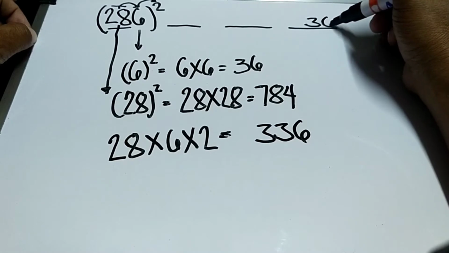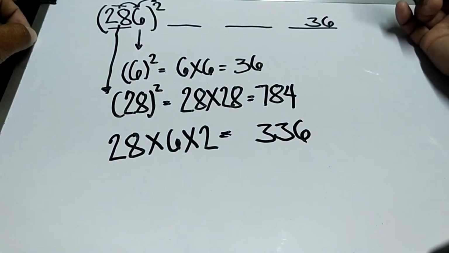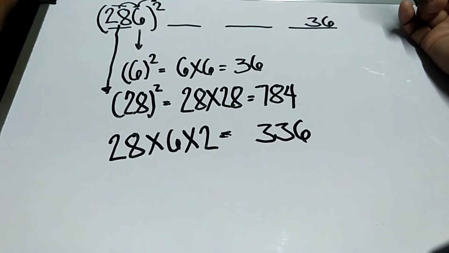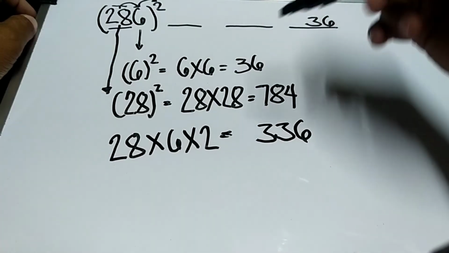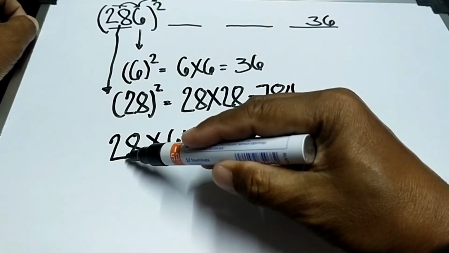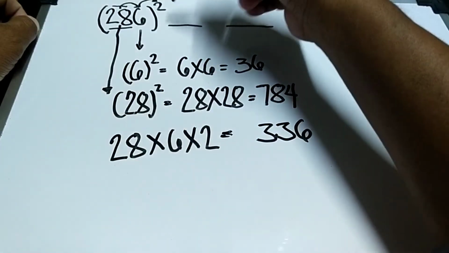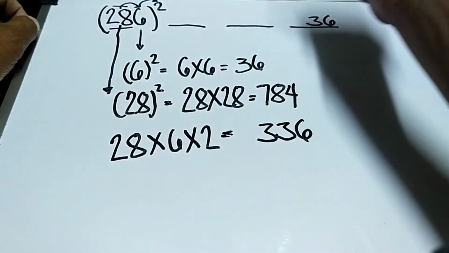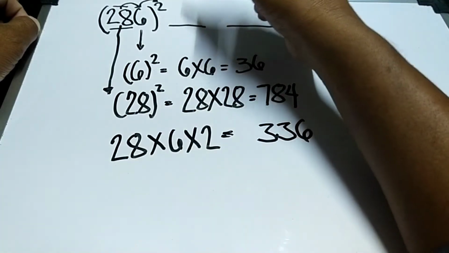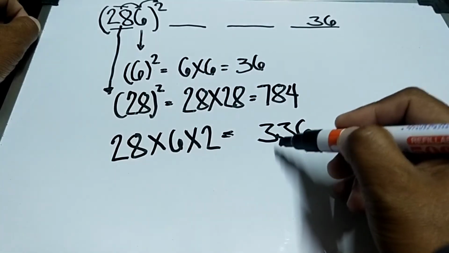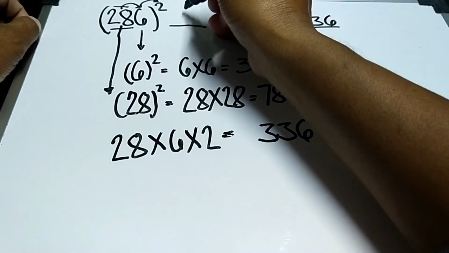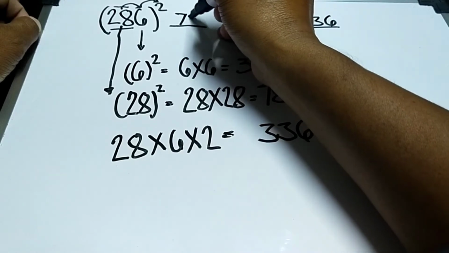Okay, 36 first for further explanation, and then 28 squared, this is here at the 100 value, so I write 784.